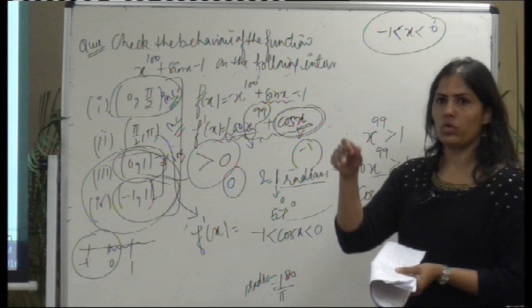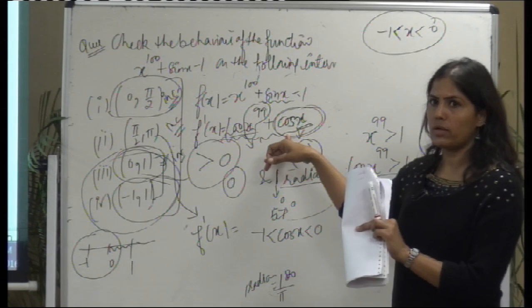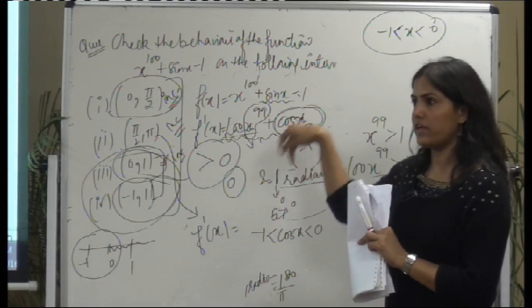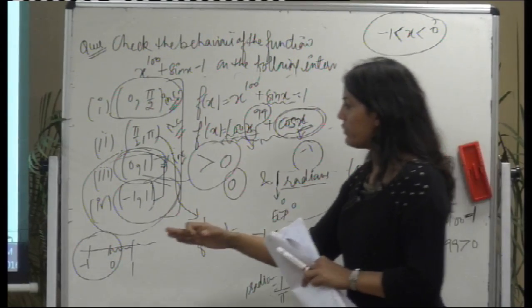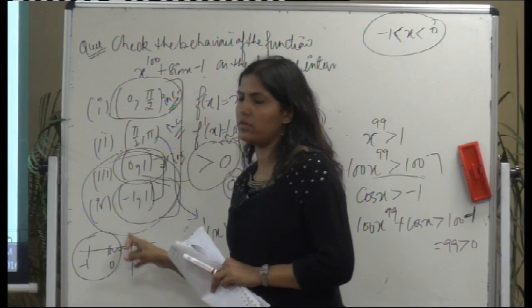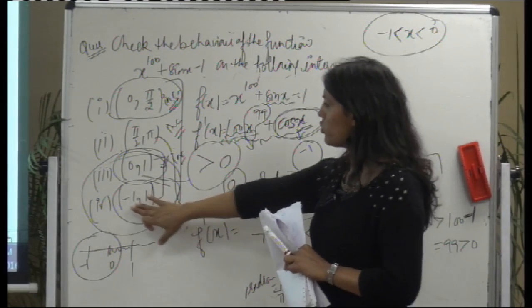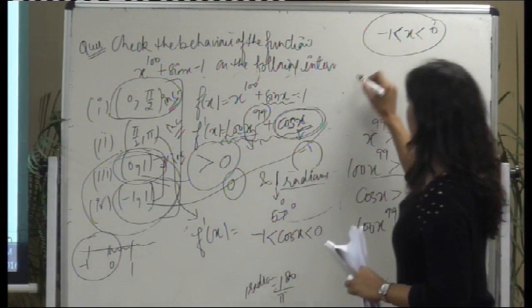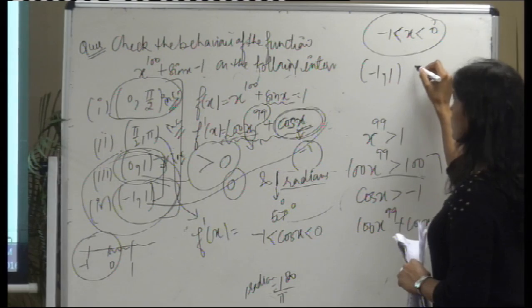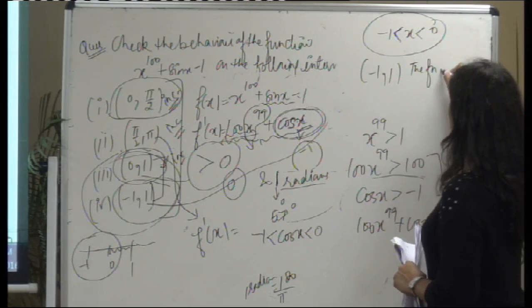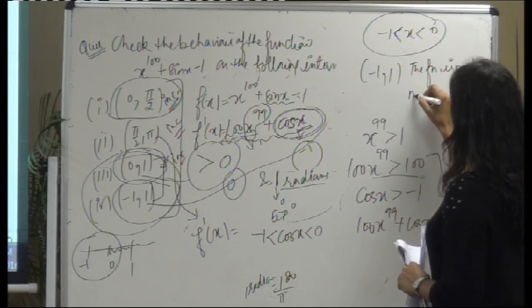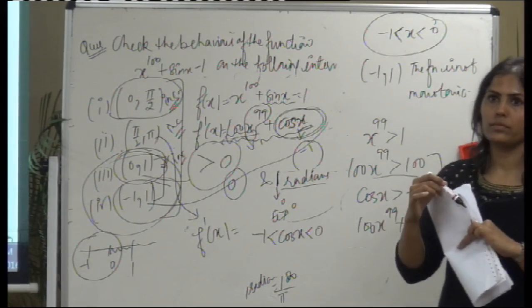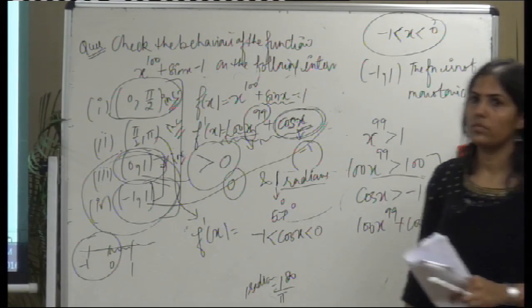So the cos value is hardly between minus 1 and 1, but 100 x to the power 99 is negative and about minus 100, so this is negative in this case. In half the interval it is negative and in half it is positive, so there is increasing and decreasing behavior. Here it is not monotonic. Write it down: in the last interval minus 1 to 1, the function is not monotonic. Okay, thank you everyone.